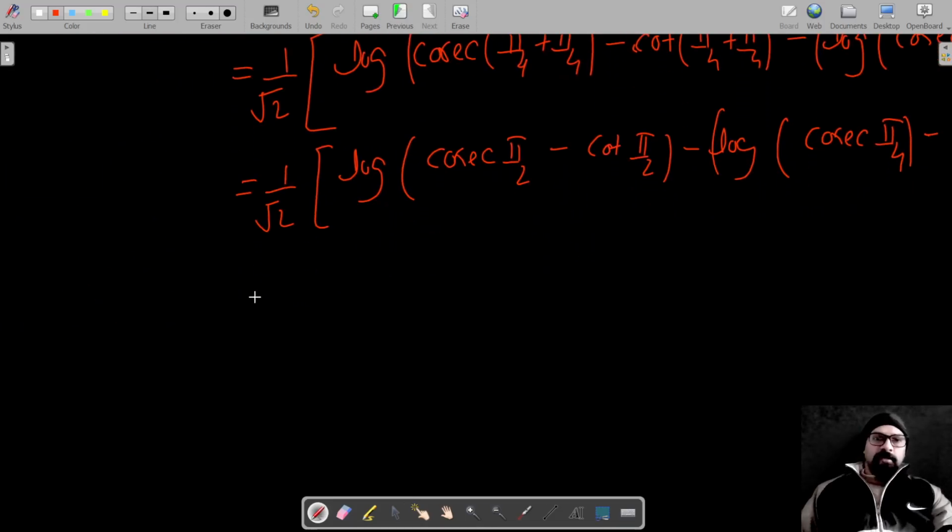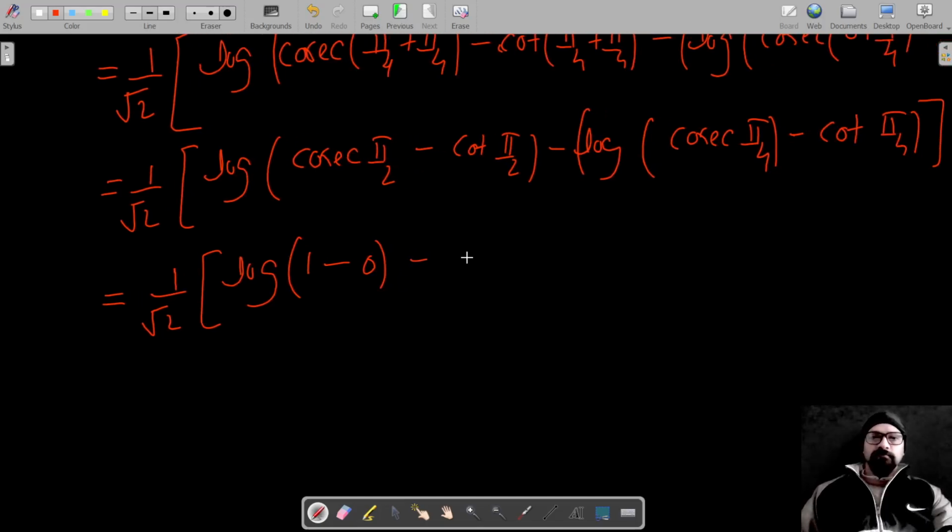Okay. Now sine 90. This is cosecant pi by 2. Now sine 90 is 1. So this is 1 cosecant. So this is log 1 minus, now tan 90 is undefined, so this is 0 minus, next one is minus log cosecant pi by 4.